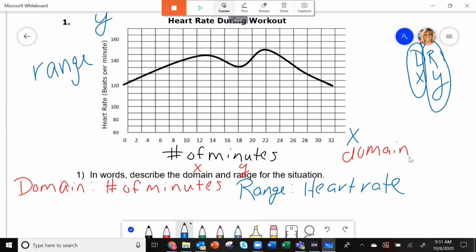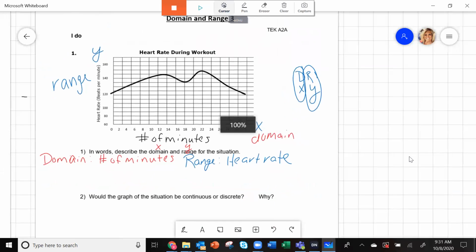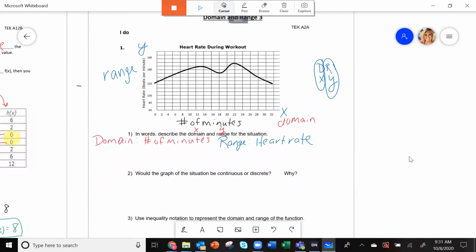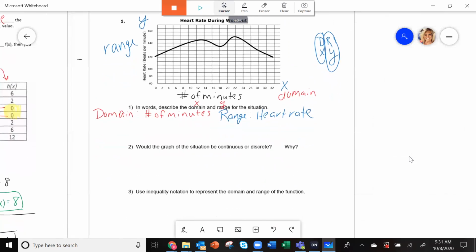Now I'm going to zoom this out, but the next question says, would this graph of the situation be continuous or discrete? So as I make this a little bit something we can see, let me move this up. All right. Continuous and discrete.